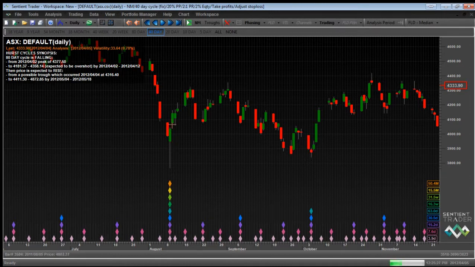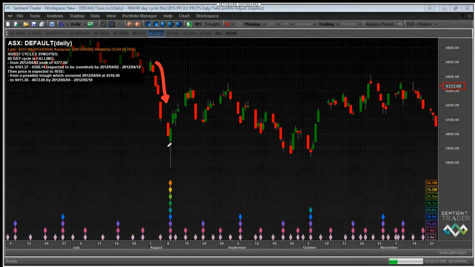Okay. Now, I don't know what was happening in Australia on, what date is that? On Tuesday, the 9th of August, 2011. But if you have a look at that one single bar, then you will see that price had been falling, of course.